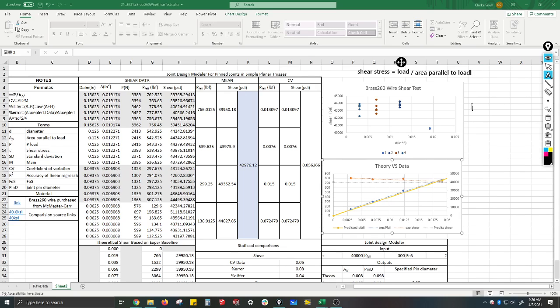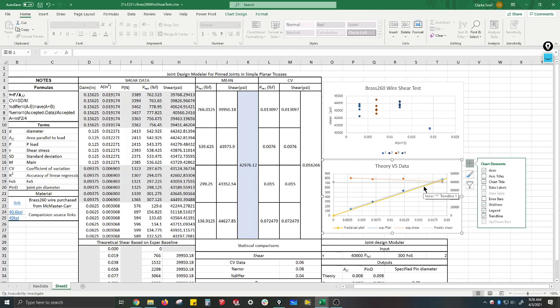So that's the first question, whether or not our theory matches our data, and that's what this chart is about. The yellow line is theory. You plotted the load over the area.